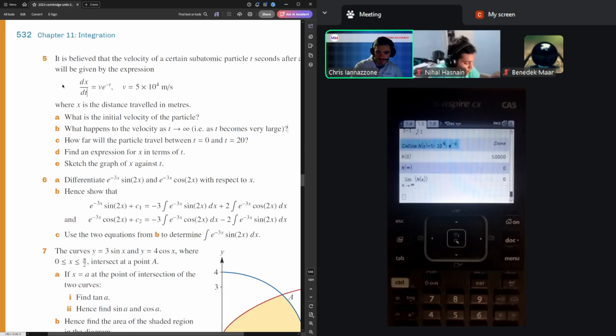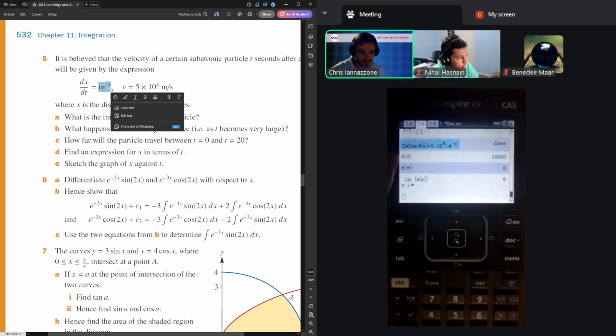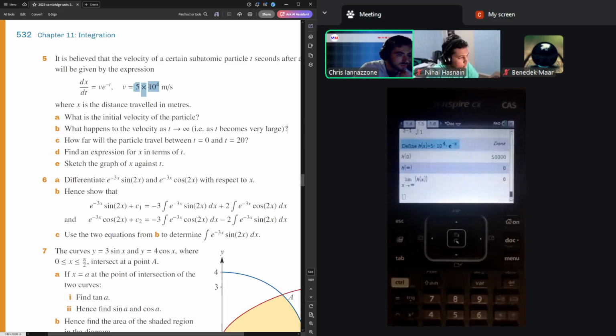Why do we combine them in defining the equation? I'm not fully certain. This left-hand side doesn't appear on the right-hand side at all. If I go to the function definition, which I have highlighted on my CAS, it's 5 by 10 to the 4 times e to the minus x. Where I got 5 by 10 to the 4 was the right-hand side here, which said v is that.